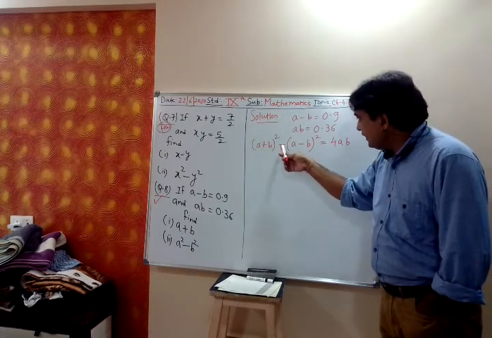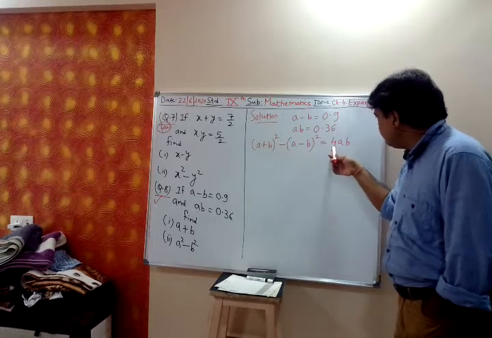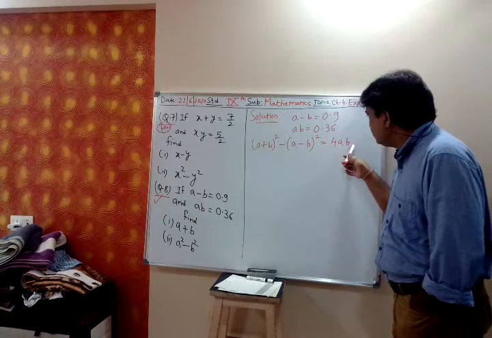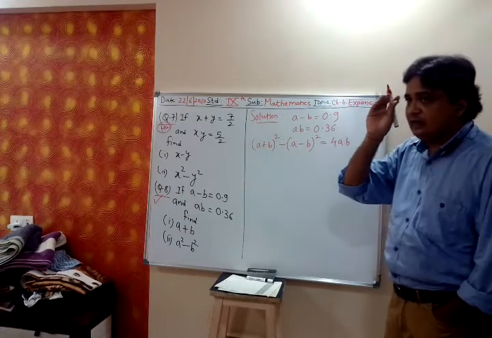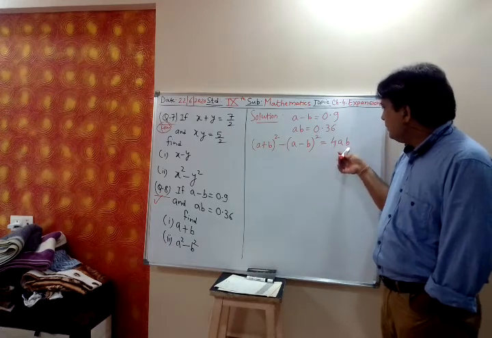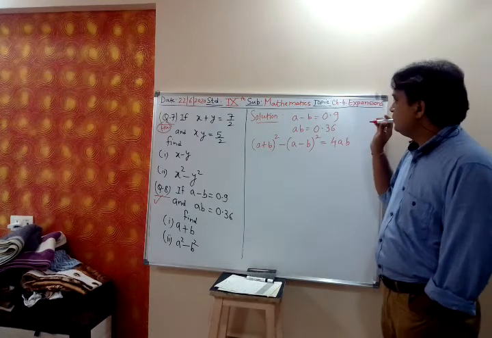Whenever there is a minus sign between them, it is 4ab. If there is a plus sign between them, it is 2 into a square plus b square. Remember it that way.